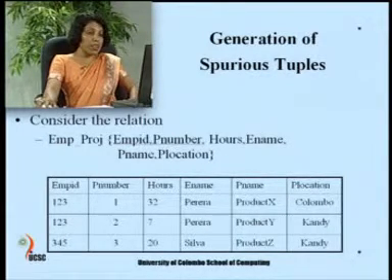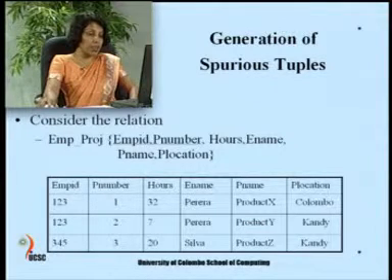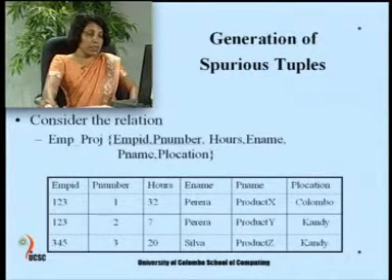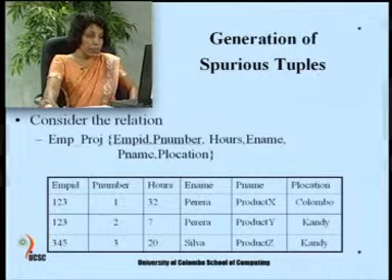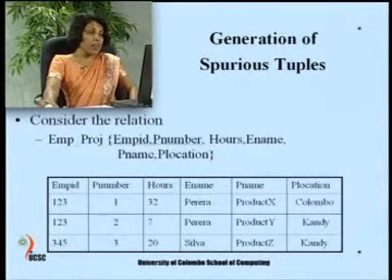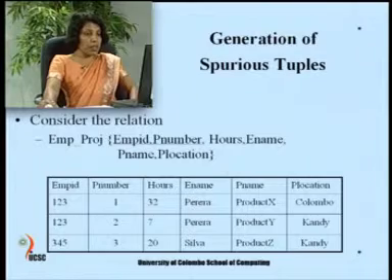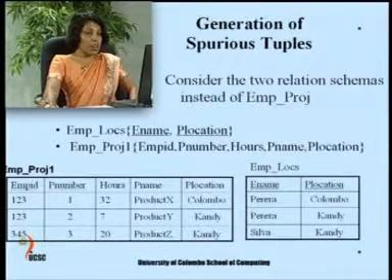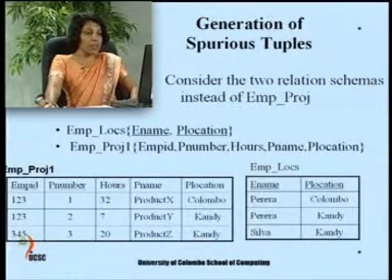And I have taken 3 records to illustrate the generation of spurious tuples. These are the existing records, and as you can see there are 3 records only.